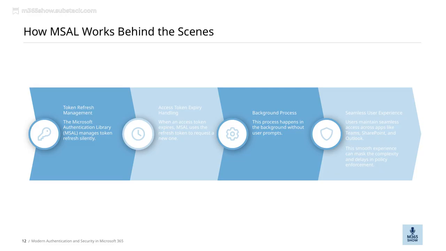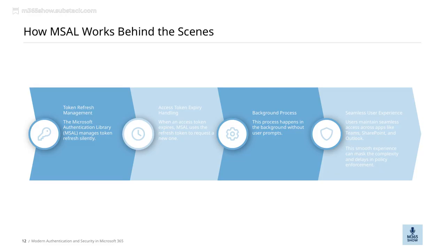The key point here is that all of this happens seamlessly and invisibly to the user. The process occurs in the background, without interrupting or prompting the user for additional authentication steps. This background process ensures that users can move quickly and efficiently through their workflows.